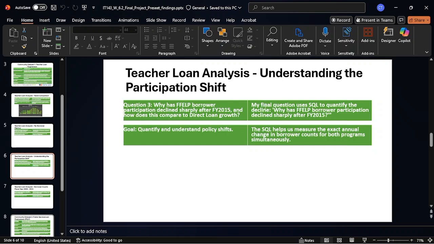This final question for this dataset uses SQL to quantify the decline. The goal is to quantify and understand policy shifts. So I will use SQL to measure the exact annual change in borrower counts for both programs simultaneously.